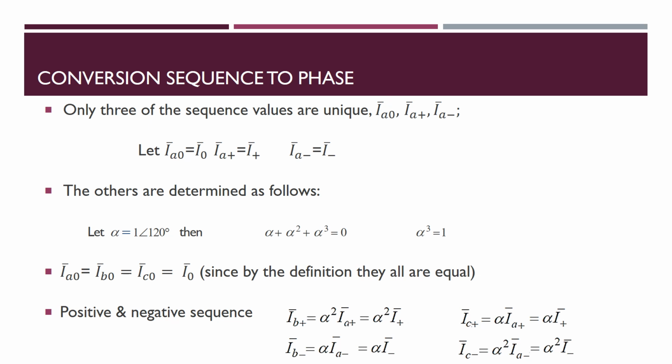Similarly, IC plus is 120 degrees placed from IA plus, so alpha into I plus, and IC minus is minus 120 degrees placed from IA minus, so alpha squared into I minus. By assigning these values, we will have an equation in the next slide.